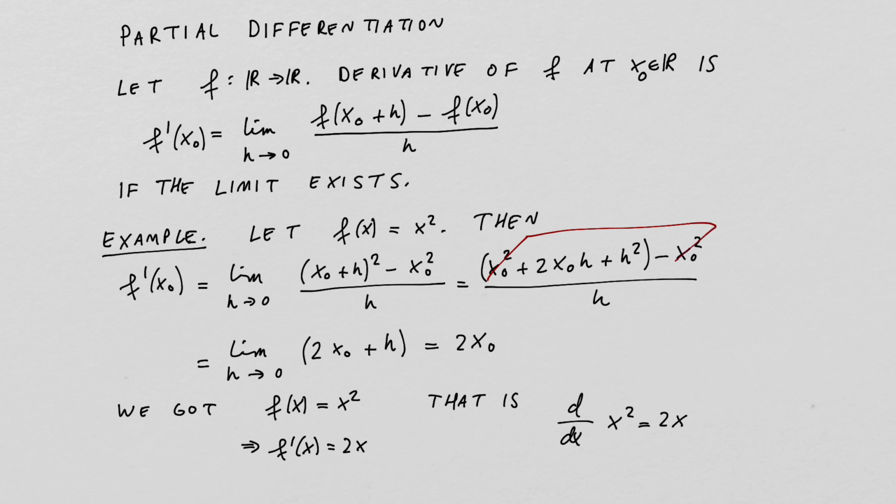And we can divide by h. Then we calculate the limit. And it seems to be 2 times x0. So the derivative at x0 is 2 times x0, so we have this differentiation formula.